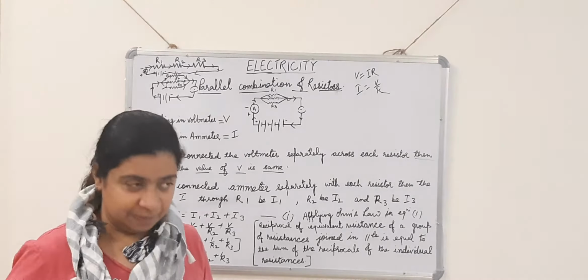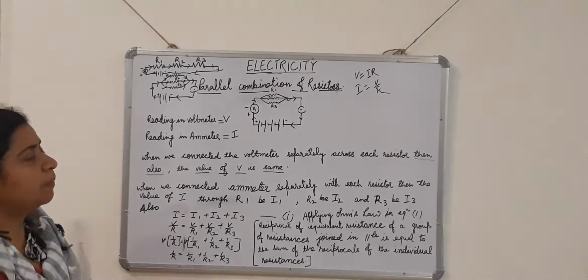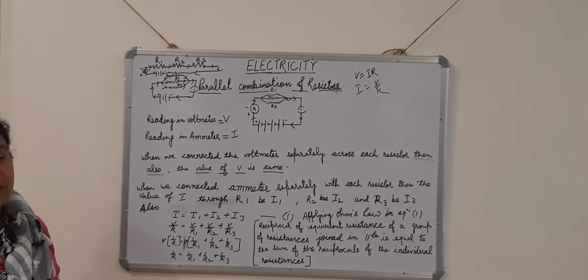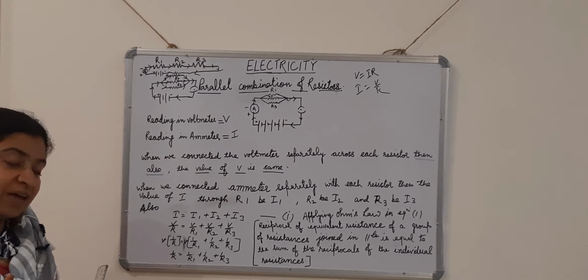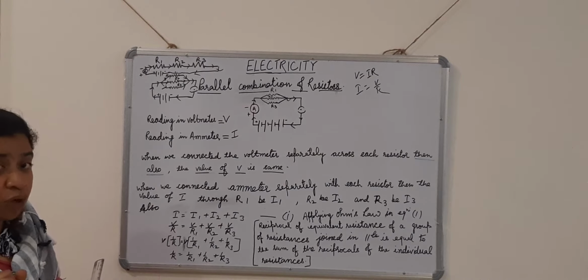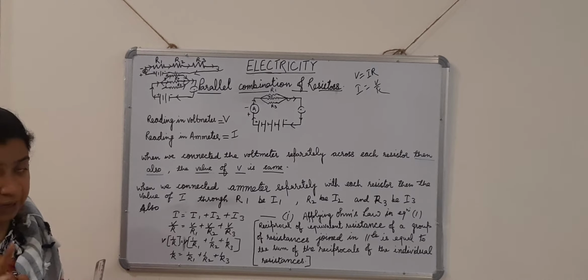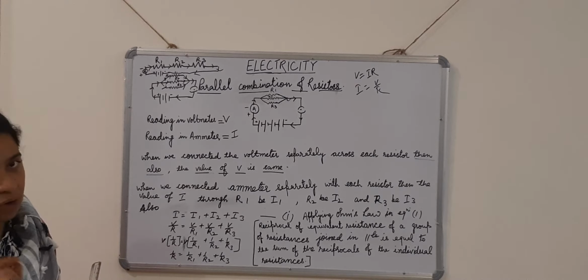One very easy thing to remember is that when the path of the current is divided, whether into 2, 3, 4 or 5 paths, more than one path to complete the whole circuit, it is a parallel combination.